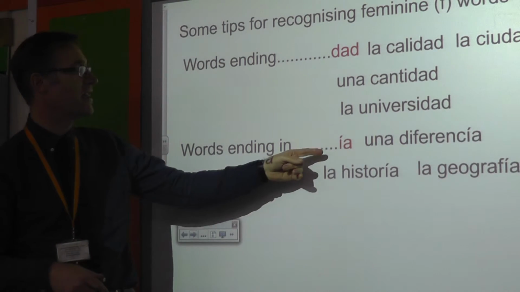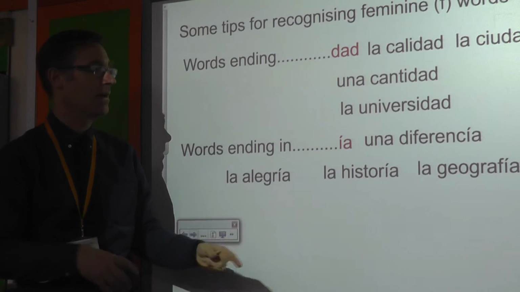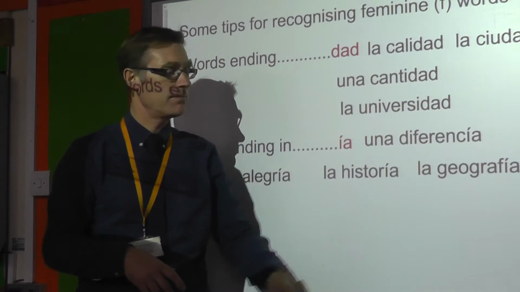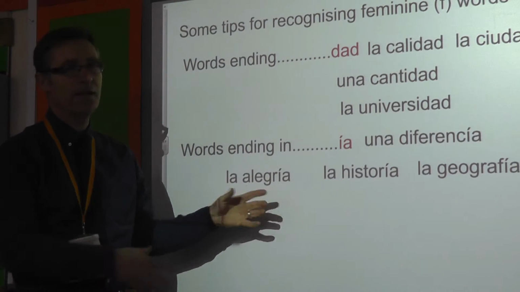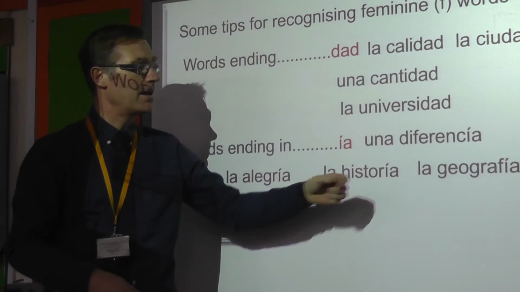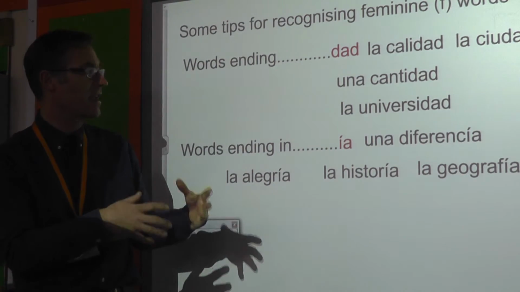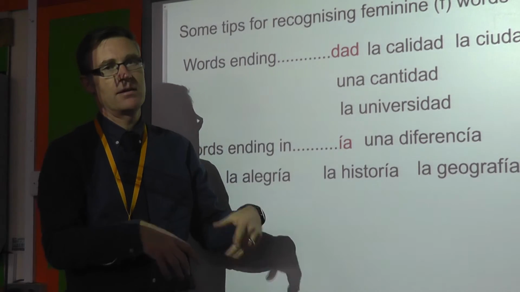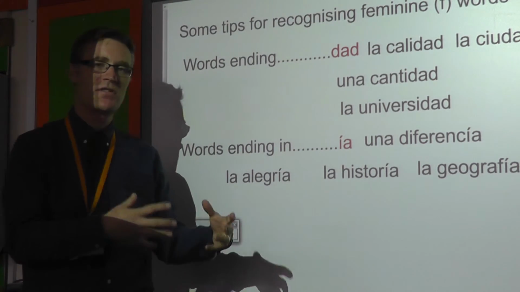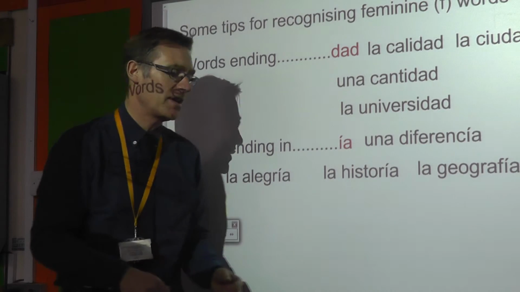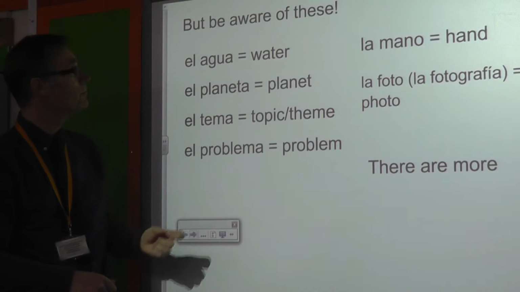And words ending in -ia: una diferencia, la alegría, happiness, la historia, la geografía. So these words ending in -ia and -dad are feminine words. That's a really good couple of little things to help us along.